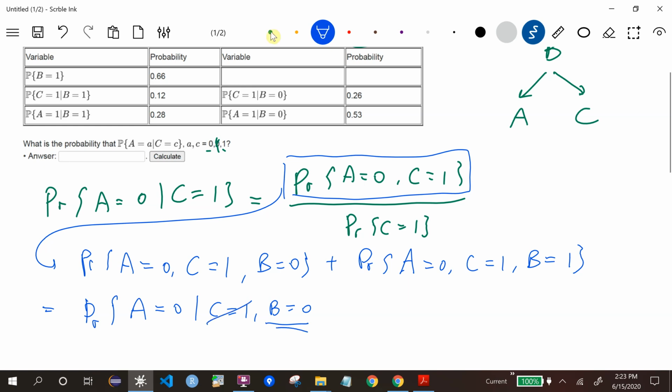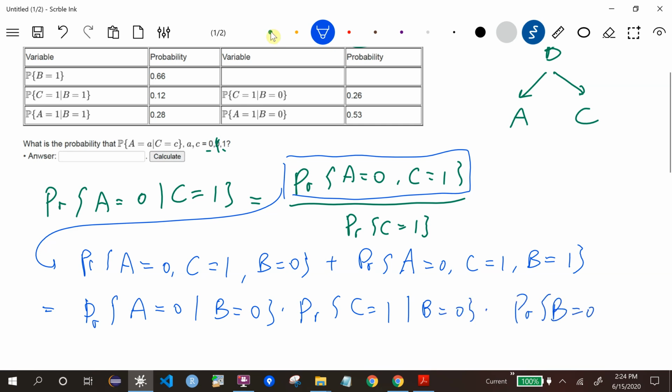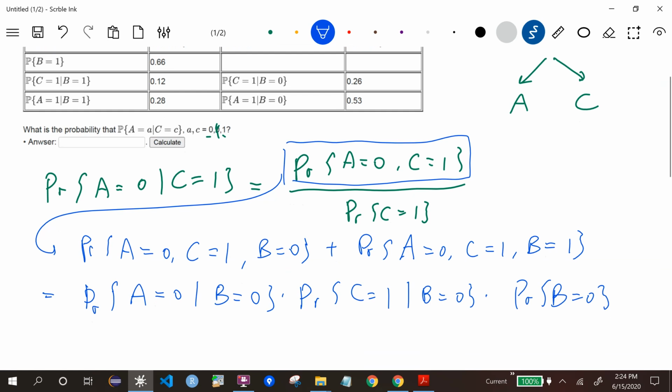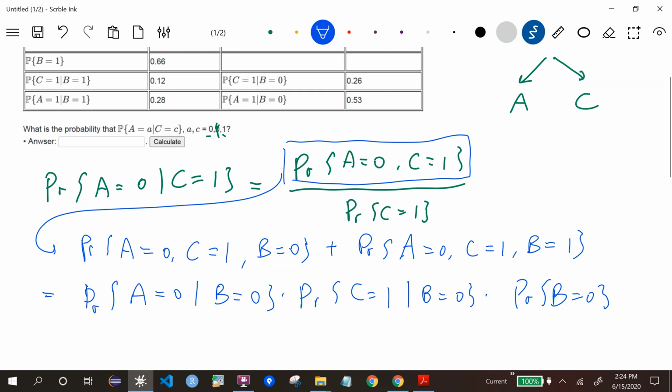So we don't actually need C, we only need the parent of A, which is B is 0. And then we have C is 1 given B is 0 for the same reason. And at the end, B does not have a parent, so it's just B is 0. We should have all of these from the table.